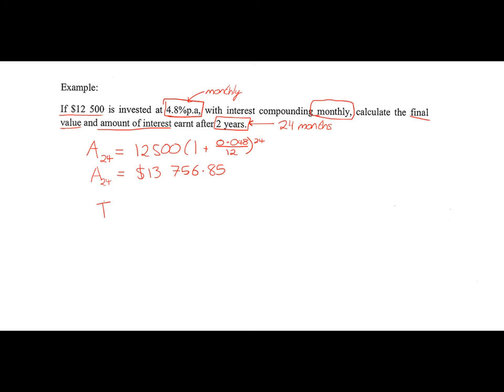How do we find the amount of interest? Well, as before, the interest that you've earned is the difference between your starting account and your final account. So we take the final account balance of 13,756.85, and then we subtract the starting balance of 12,500.